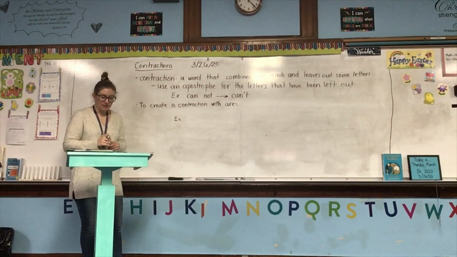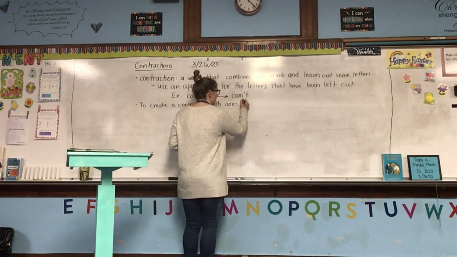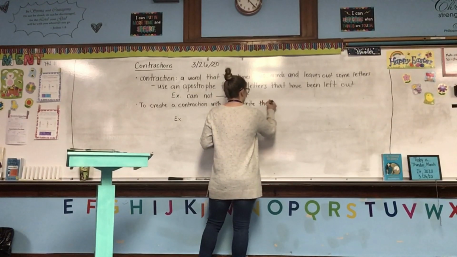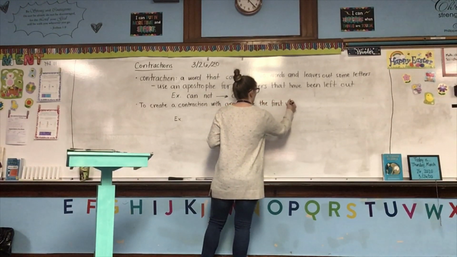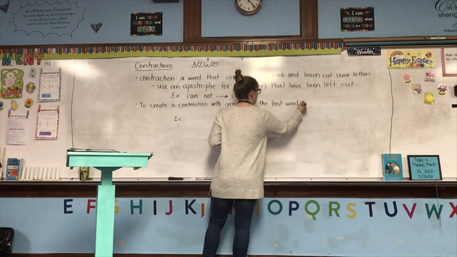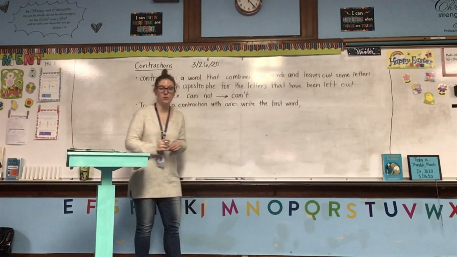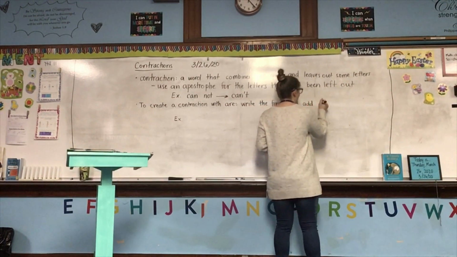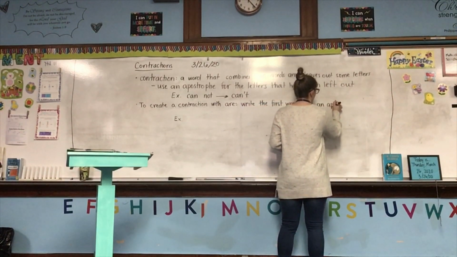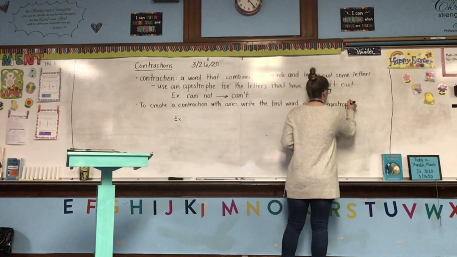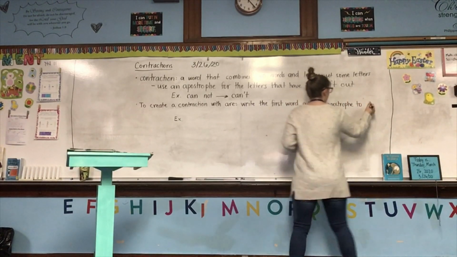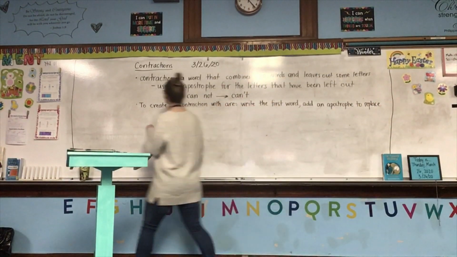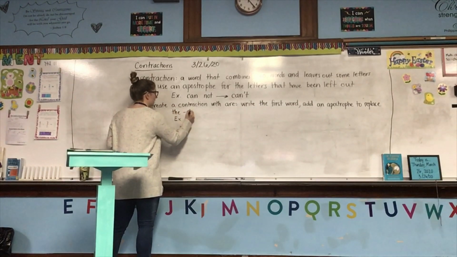And what you do here is, again, you write the first word, then add an apostrophe to replace the letter A.